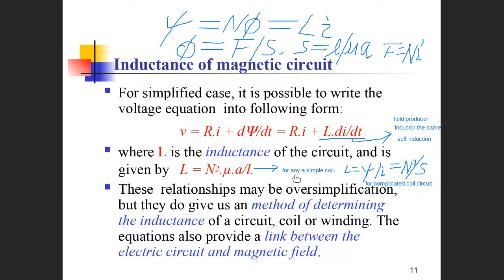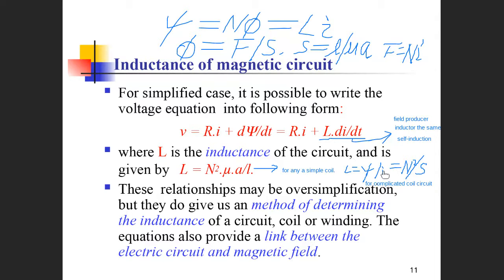Now, one more thing: later on many students use the wrong formulas to deal with some complicated cases. As I said, for any simple coils, you can use this one to estimate the inductance.